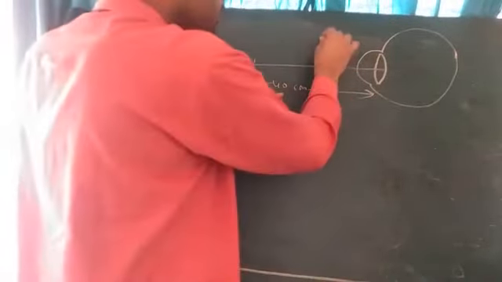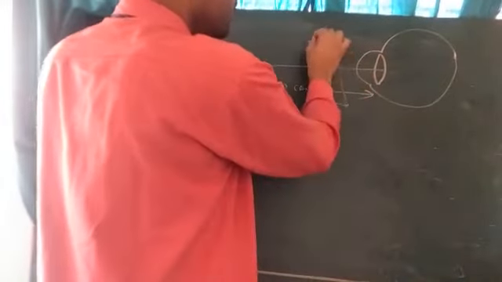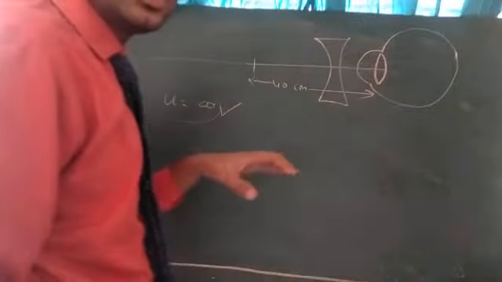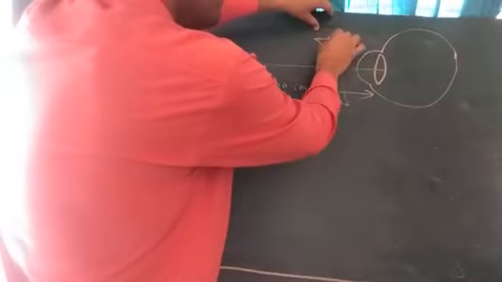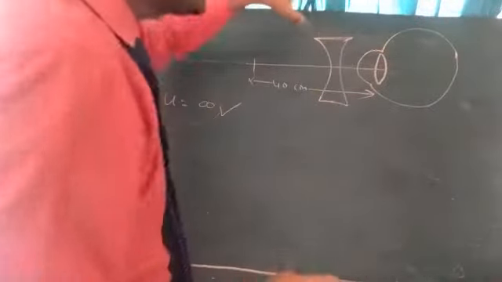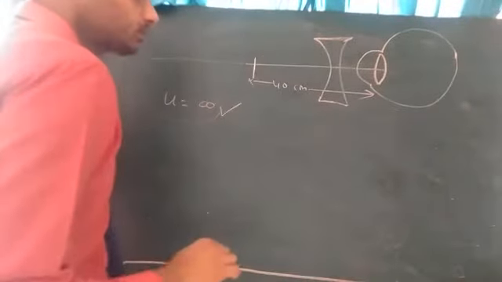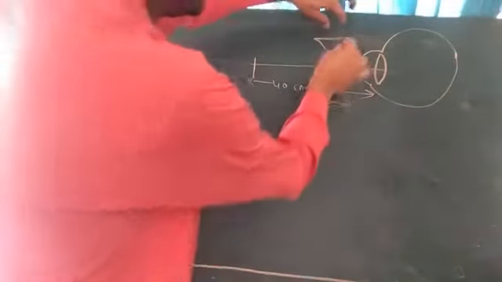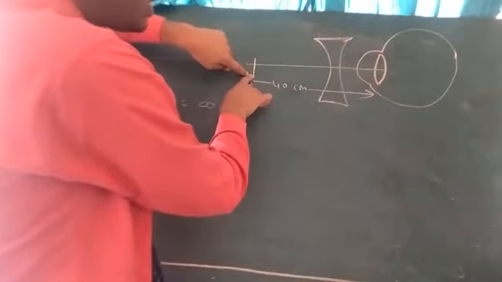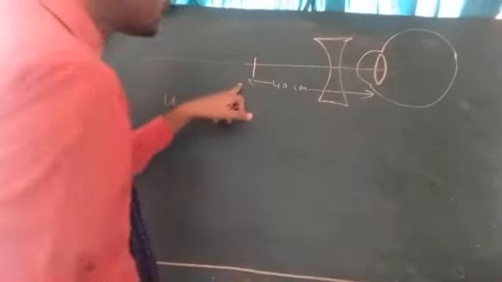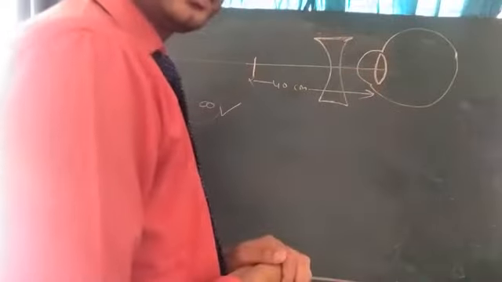It means by using this external lens, by using glasses, we have to find the image at 40 centimeter. This lens makes the image at 40 centimeter, and this image works as the object for the eye lens.